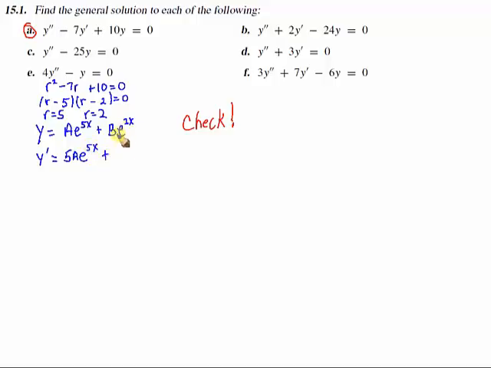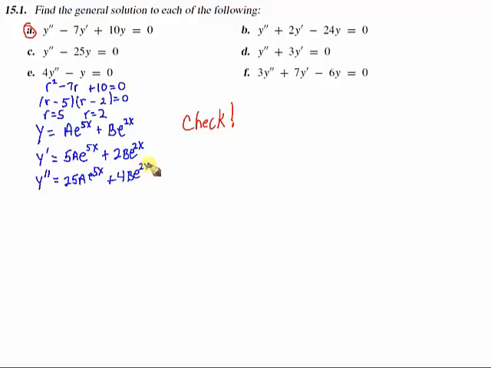And this would be 2b e to the 2x. Sorry. The derivative of that then would be 5 times 5 is 25a e to the 5x. And 2 times 2 is 4b e to the 2x.